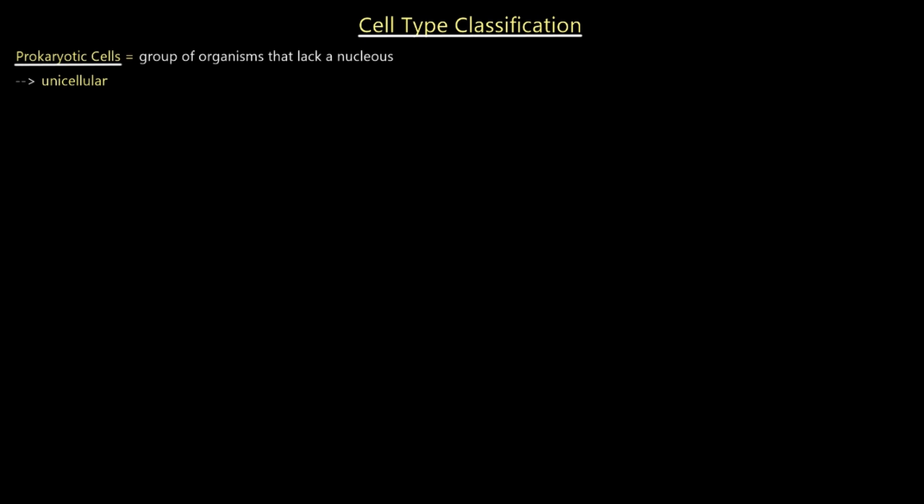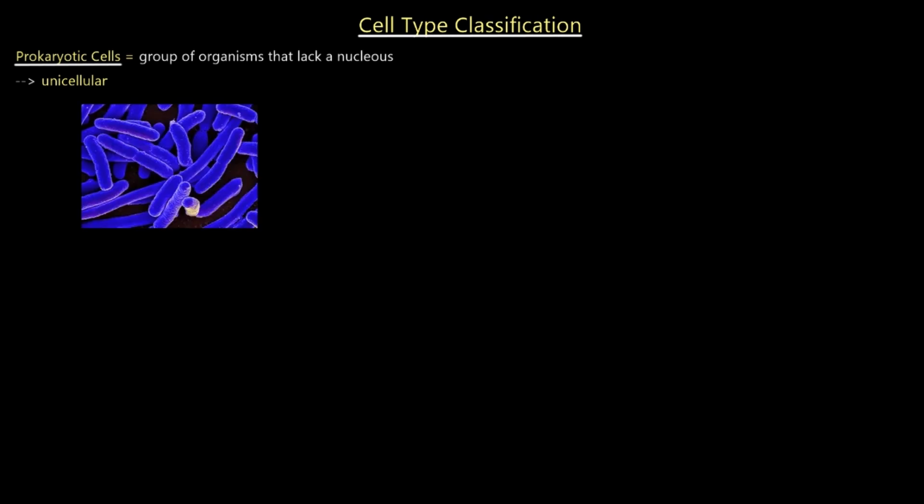The most typical example that we would have is bacteria. A lot of bacteria are prokaryotic cells because they are unicellular, one single cell organisms. There are eukaryotic cells that can also be unicellular. However, there are no prokaryotic cells that could be multicellular.